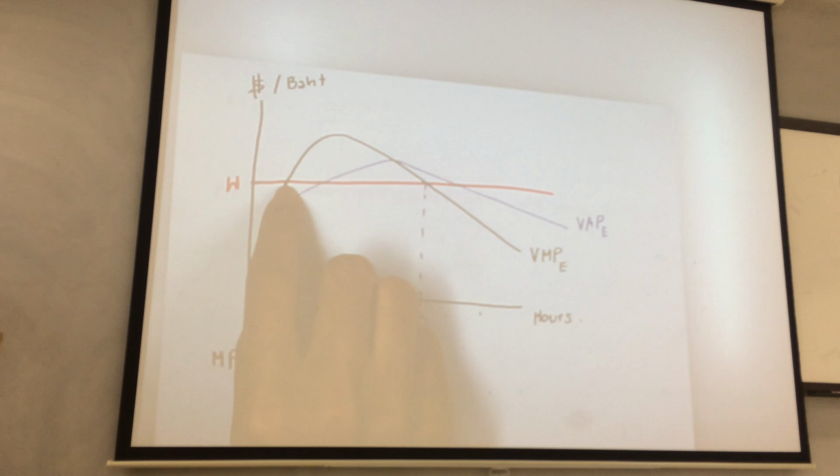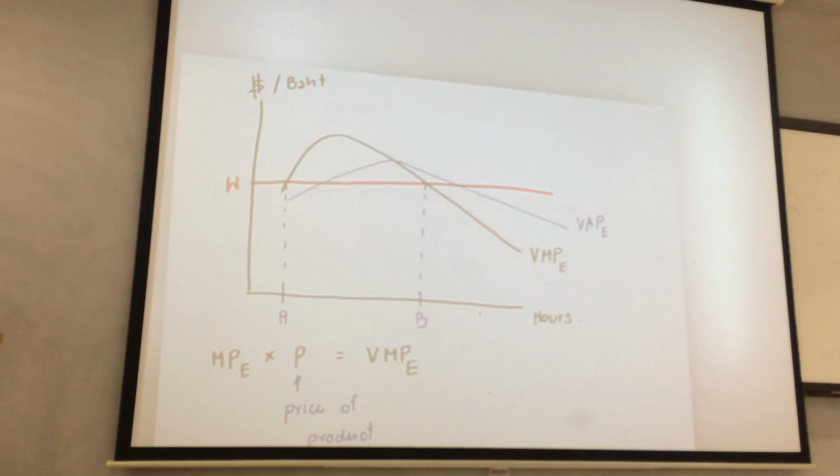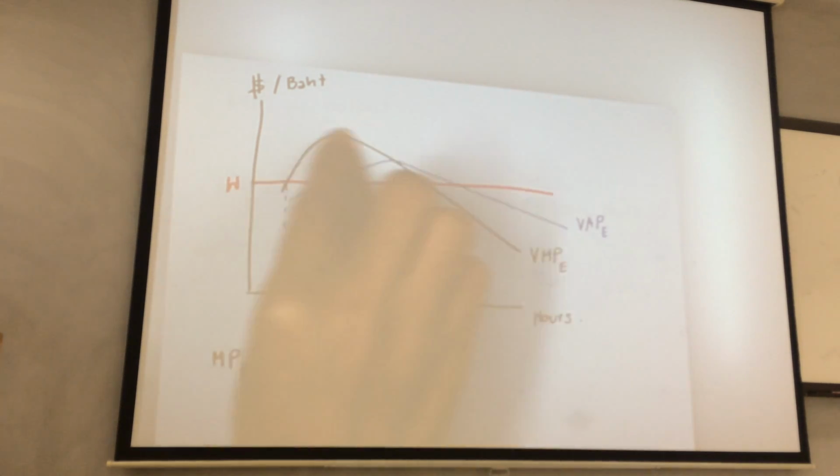In fact, if you decide to hire more and produce additional product, you move into the territory where the benefit of hiring additional hours is higher than the cost of hiring. So benefit higher than cost, you're happy, right? You like this area actually.